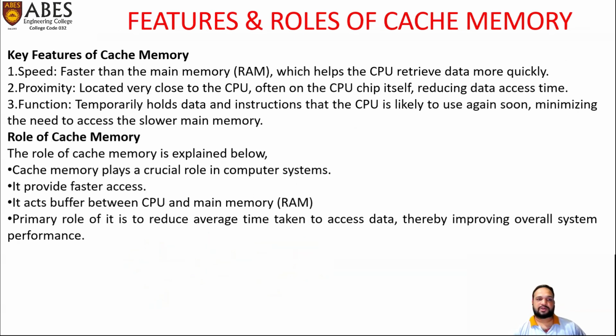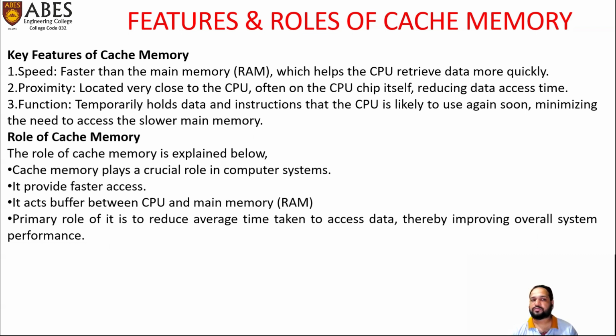Some key features of cache memory are speed. As we know, RAM is faster than the main memory, which helps the CPU to retrieve data more quickly. But if we are using cache in between the CPU and the main memory, it will hold the frequently used data or instructions.